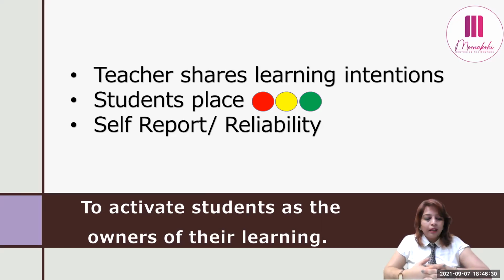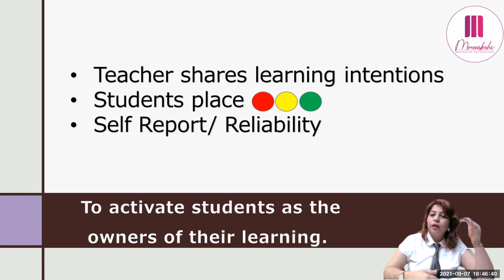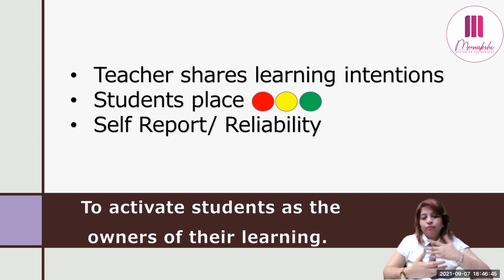So at the beginning of the chapter, the teacher shares the learning intentions with the students, like by the end of the chapter, we will be able to understand so and so topics. For example, I am a science teacher. Suppose I am talking about the parts of the plant, the parts of the flower.